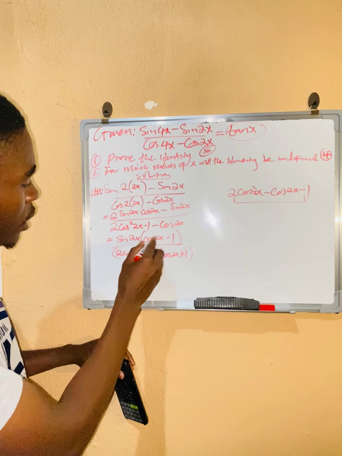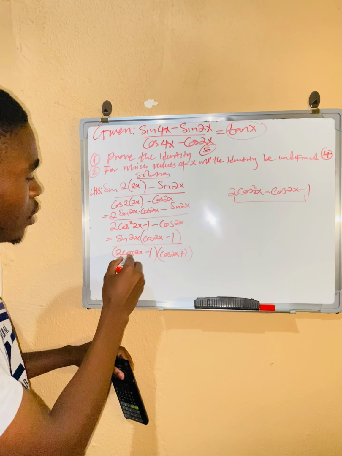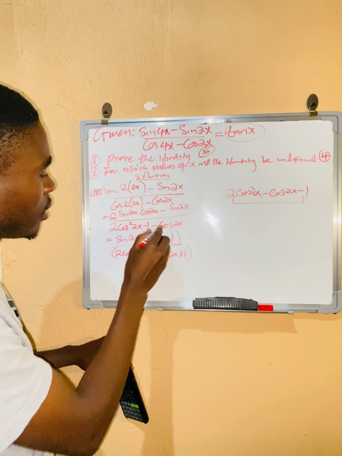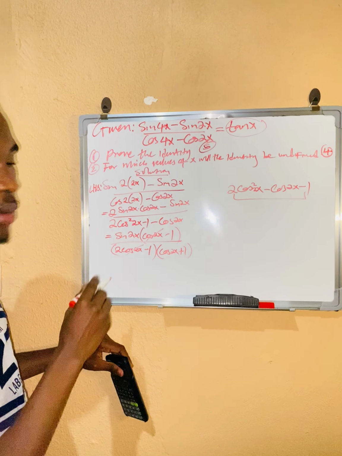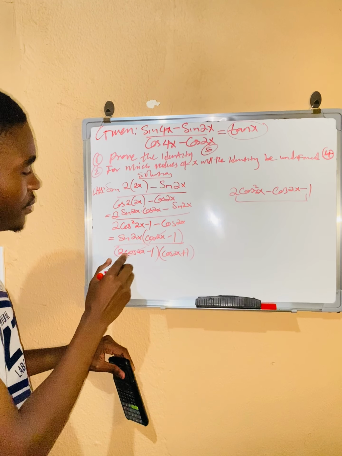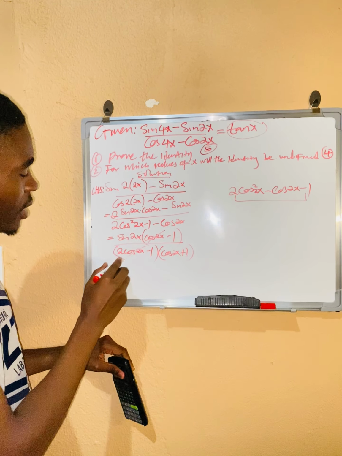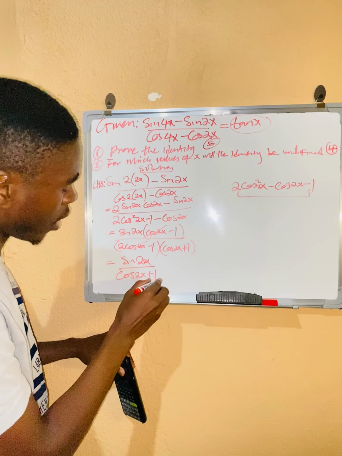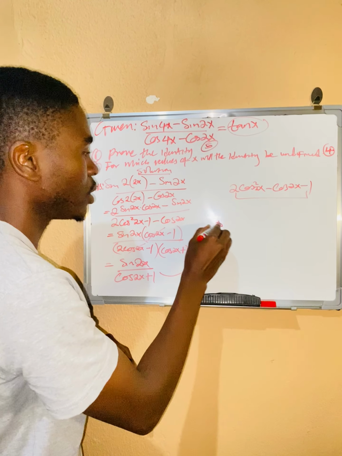So these are the same, and they cancel out. We're going to be left with sine 2x divided by cos 2x plus 1. Now let's continue with this side.